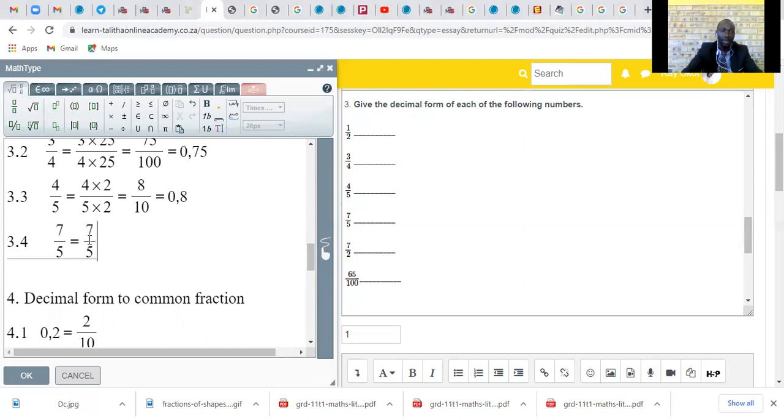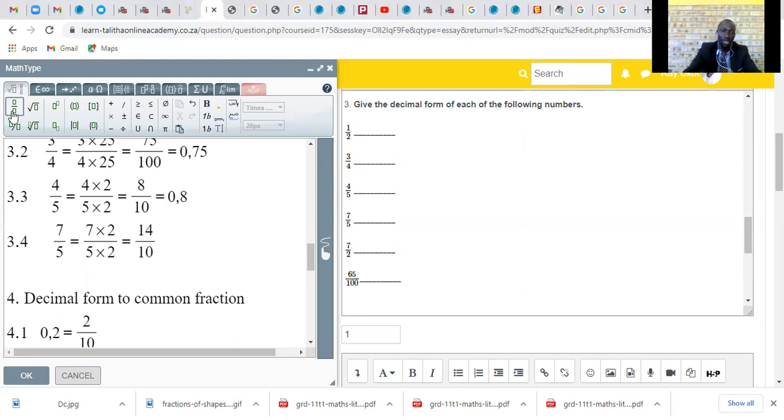Well, in decimal notation, we have to find a way of writing the denominator as 10. And we do that by multiplying the denominator by 2. So when we multiply the denominator by 2, we will also have to multiply the numerator by 2. And this should give us a fraction with the numerator being 14 and the denominator being 10.